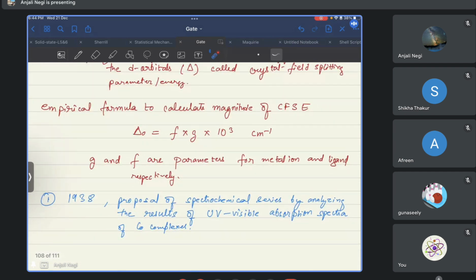In 1938, the spectrochemical series was proposed by analyzing the results of UV visible absorption spectra of cobalt complexes. For cobalt complexes with different kinds of ligands, analysis was done by UV visible spectroscopy, and then we were given the spectrochemical series based on it.